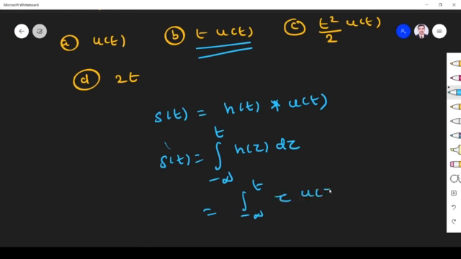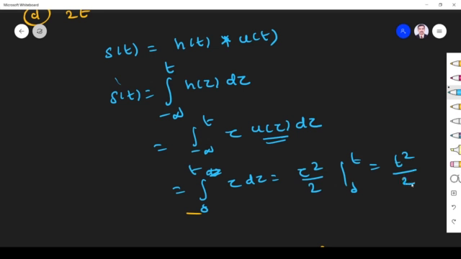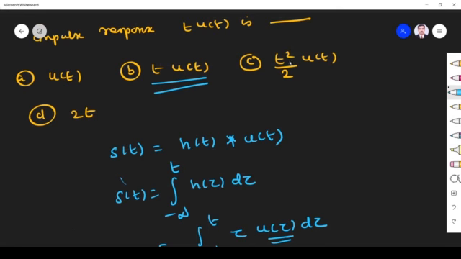U of tau exists for 0 to infinity, so the integral runs from 0 to t of tau d tau, which is tau squared by 2 from 0 to t. So t squared by 2. Since it is only positive, I put u of t. So the answer is t squared by 2 u of t.